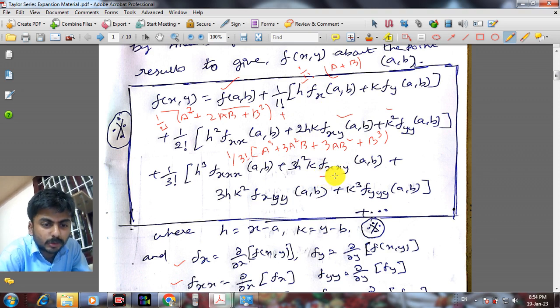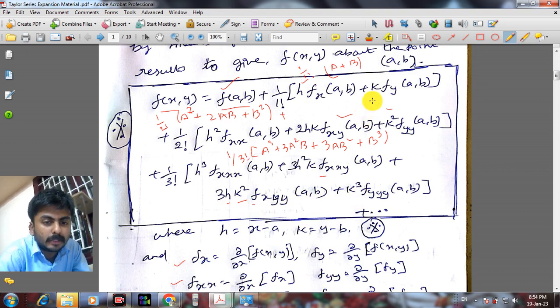So 3h square k fxxy a comma b plus 3A B square, which means A comes 1 time and B comes 2 times. So 3h k square, since A comes 1 time, fx, B comes 2 times, yy. So 3h k square fxyy a comma b plus B cube.